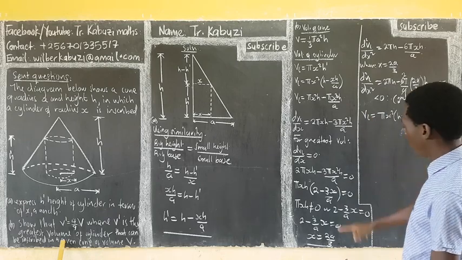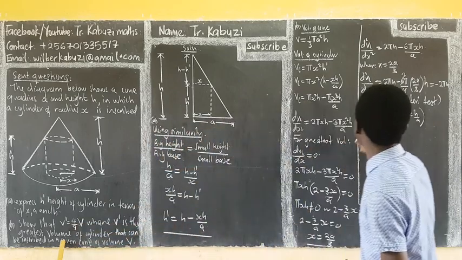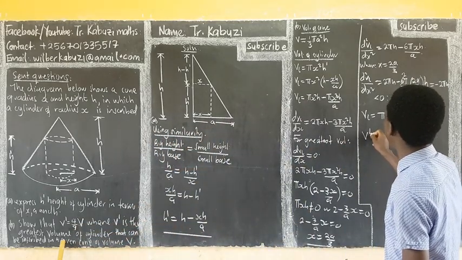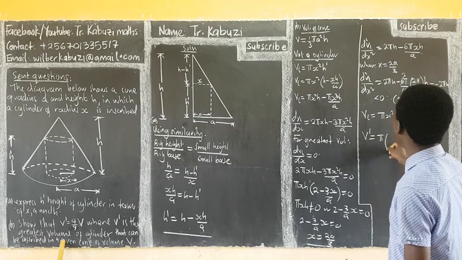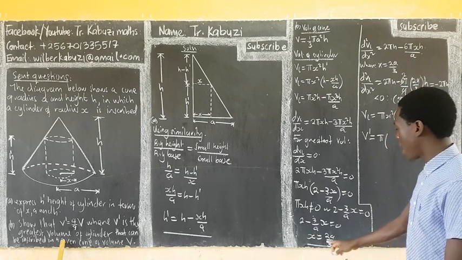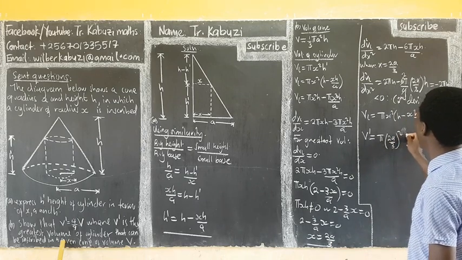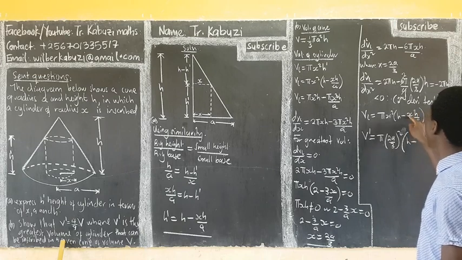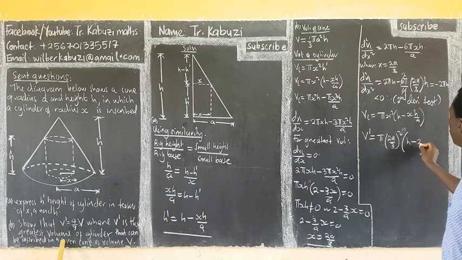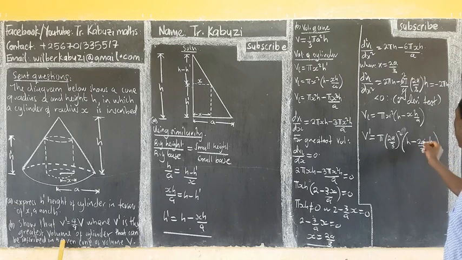When we are at maximum, it becomes V prime, equal to pi times my x squared, which is 2a over 3 squared, into h minus 2a over 3 times h over a. So this simplifies to that.